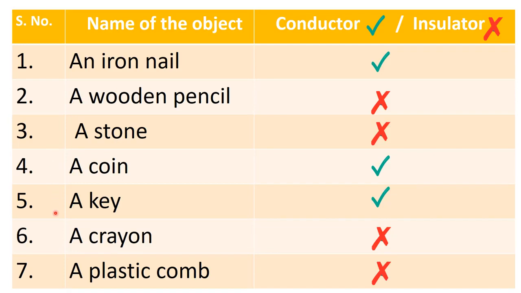A key, again, is also a conductor. How about a crayon? Yes, it is an insulator. Finally, a plastic comb. Definitely, it's also an insulator. So, with the help of these examples, you can very easily understand the difference between a conductor and an insulator.